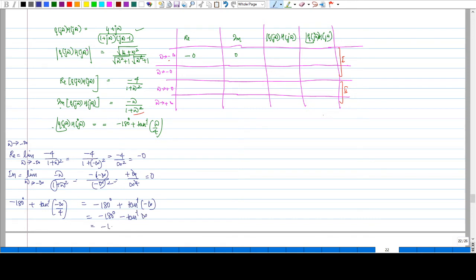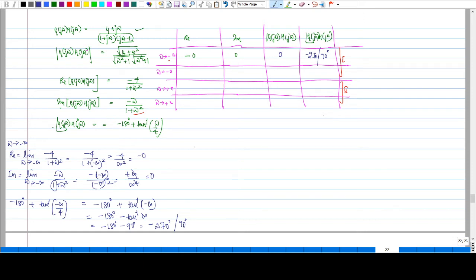This is equal to minus 180 degree minus 90 degree, which is equal to minus 270 degree, or this is equal to plus 90 degree. So here the angle is minus 270 or plus 90 degree. The magnitude of this will be 0.